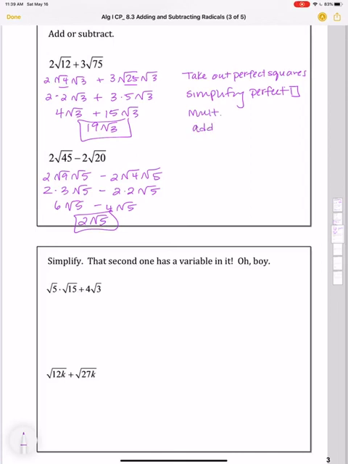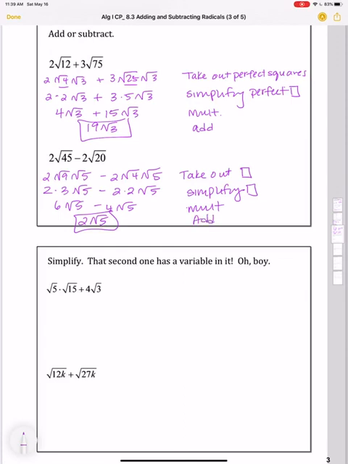So each time that's what you're doing. You're going to take out the perfect squares, then you're going to simplify the perfect squares, and then you're going to multiply those coefficients together and then add them to get your final answer.